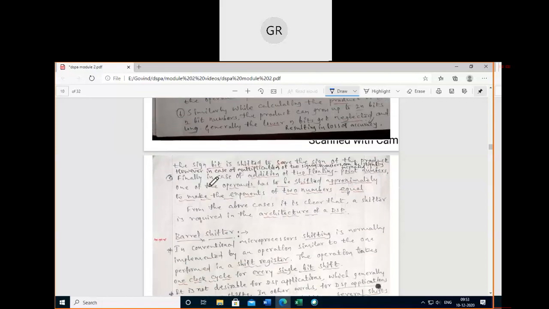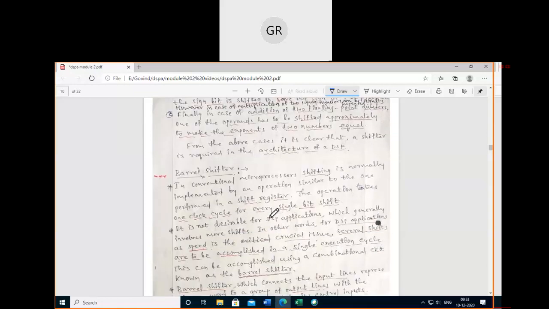Next, finally, in the case of addition of two floating point numbers, one of the operands has to be shifted appropriately to make the exponents of the two numbers equal. When you are doing the addition of floating point numbers, we make their exponents the same.